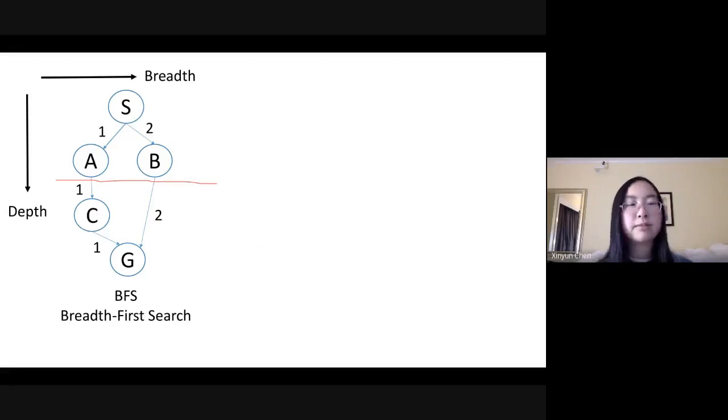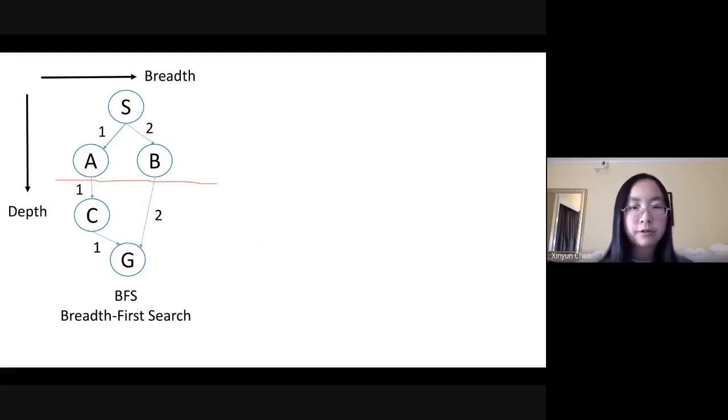According to its name, it means that we will search for nodes at the same depth first, then proceed to the next steps.